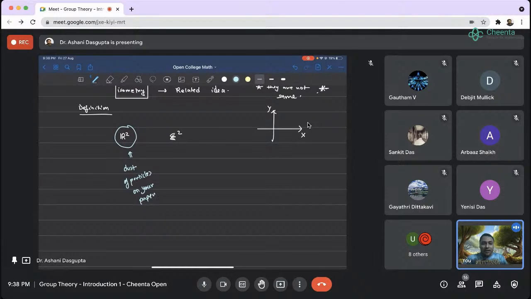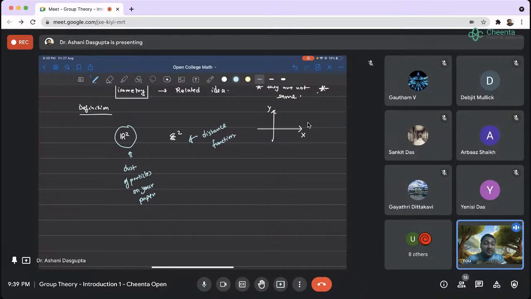So when you think of R2, do not think of it like a plain sheet of paper, because when you are using your imagination and making it a plain sheet of paper, you are actually applying additional mathematical structure on these dust particles. And what is that additional mathematical structure? Well, you are actually putting a distance function on it.